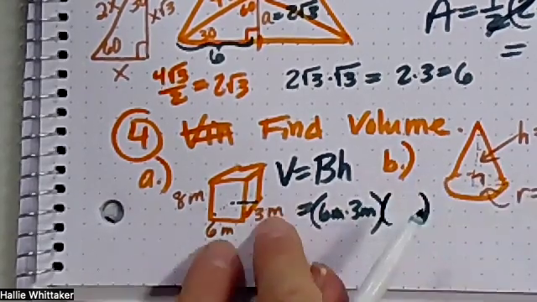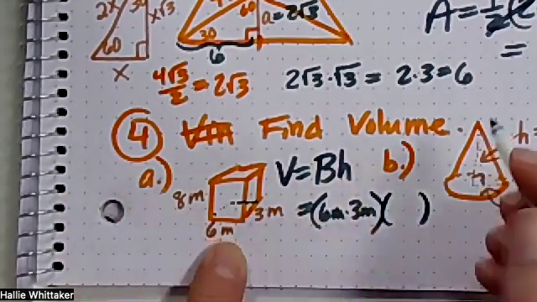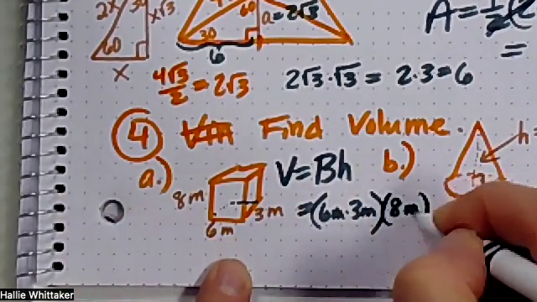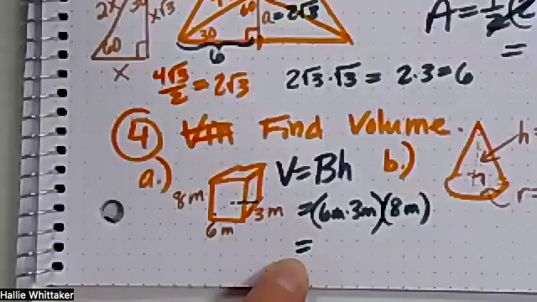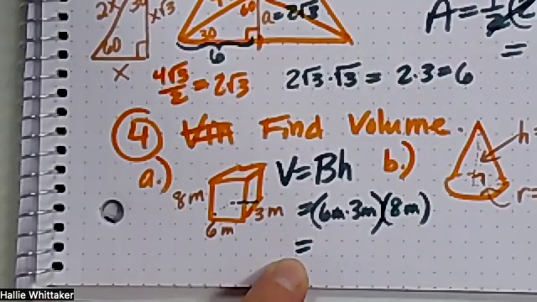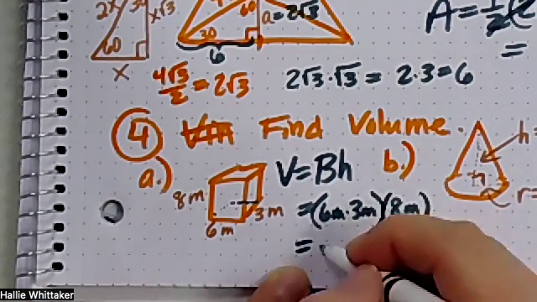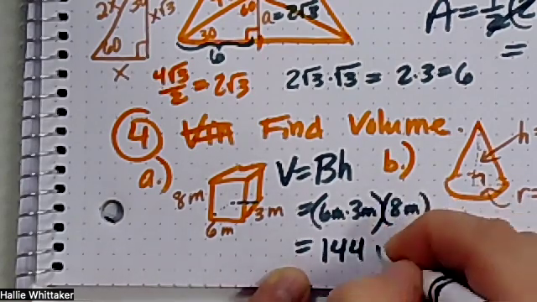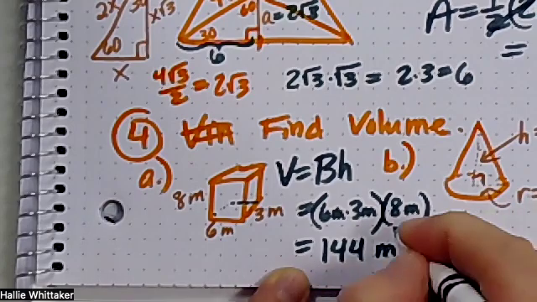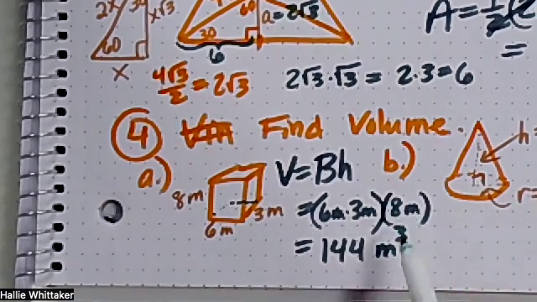And assuming that, what is your height now, Samuel? 8. Good job. What did you get? There you go. Nice job. And remember, meters times meters times meters is meters cubed. You don't have to put the meters, just don't forget the cubed. So Samuel looked at it a little bit differently, but you should still get 44 meters cubed.